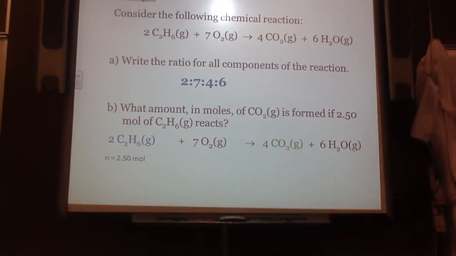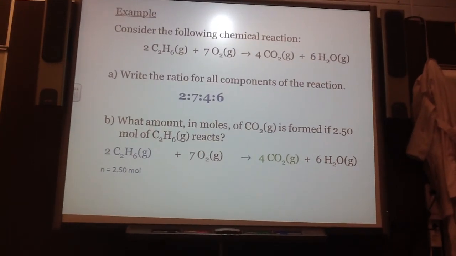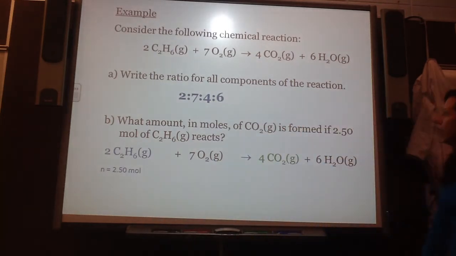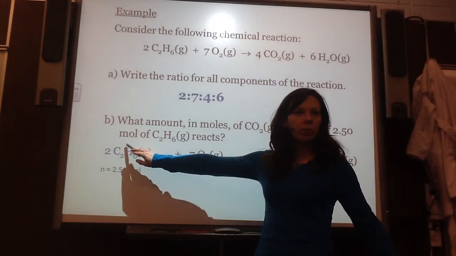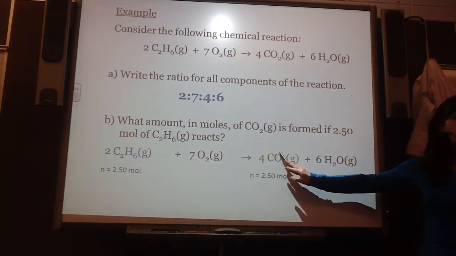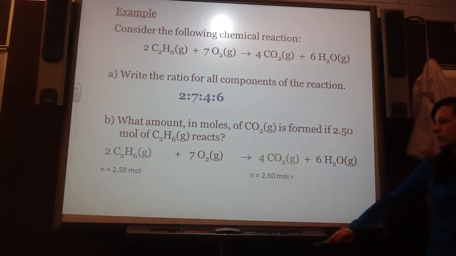So since it's ethane gas, write the 2.5 moles right under ethane gas. And I'm trying to find my moles of carbon dioxide. So this is my given, put a G over top of this one, and this is your wanted, so put a W over top of that one.